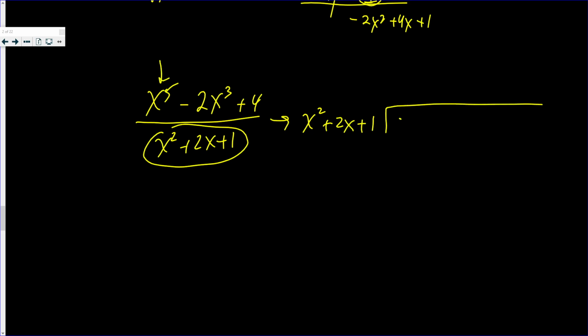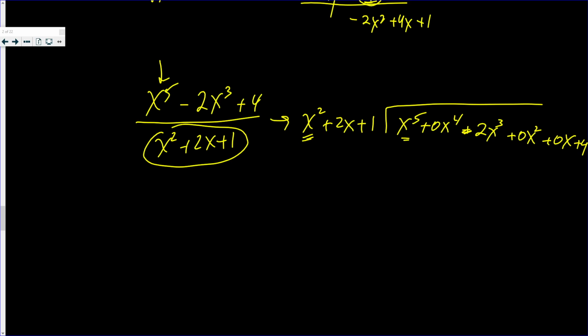This has x to the 5th. It has no x to the 4th. It has negative 2x cubed. It has no x squared. It has no x's. Plus 4. What do you multiply x squared by to get x to the 5th?